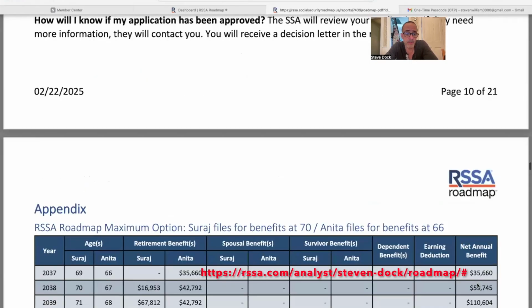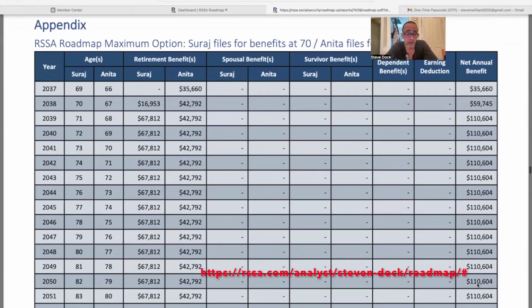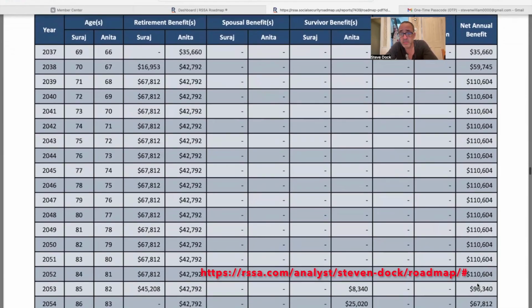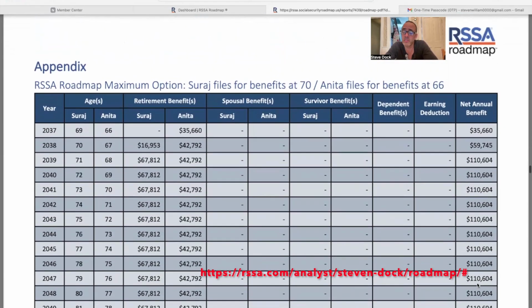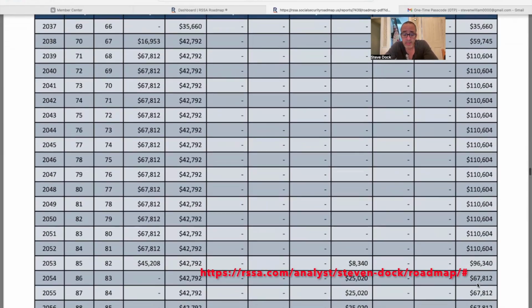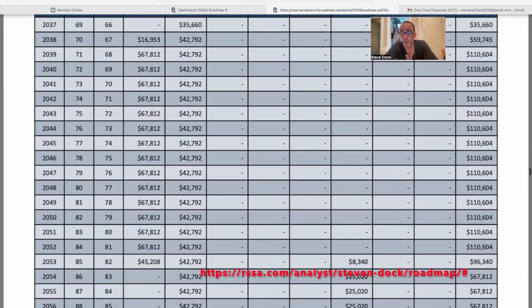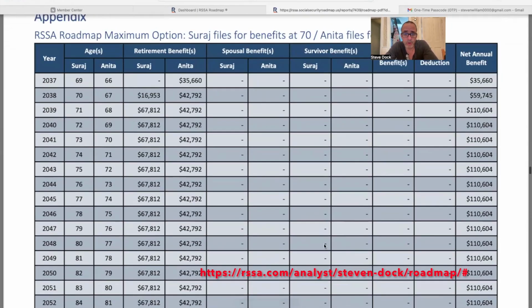And then a lot of people want to know about their earning record. So this is some detail that you're going to load into the system based on your SSA.gov account, and it's going to allow you to see the details of your earnings, how they're grossed up.